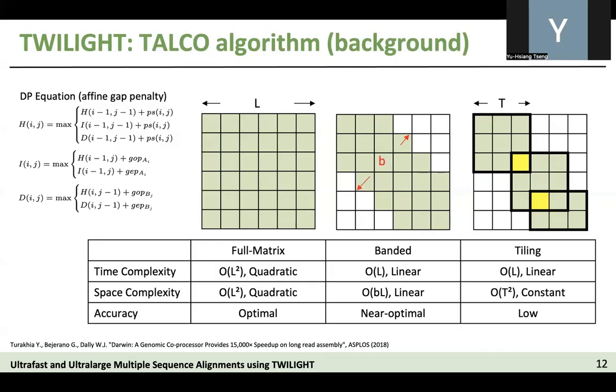However, this still poses a challenge for alignment of very long sequences, as you may need very large memory to store the traceback pointer. So Professor Turakhia proposed a tiling algorithm, which enables storing the traceback pointer using only constant memory. However, the drawback is that this algorithm has lower accuracy compared to banded alignment or full matrix computation.